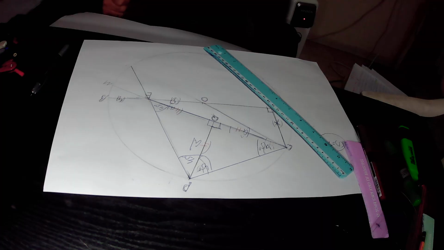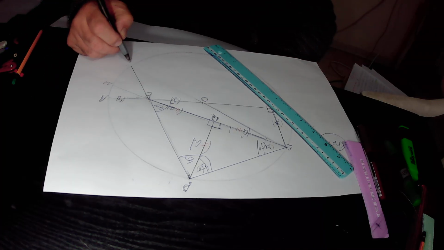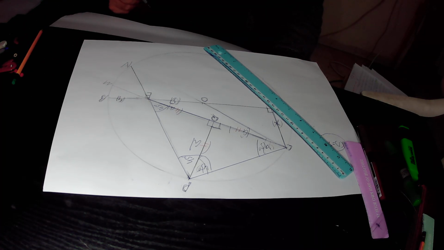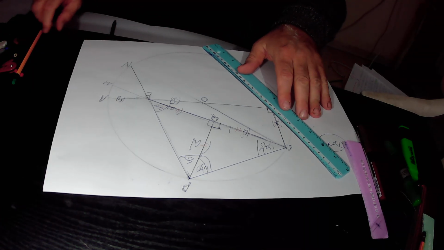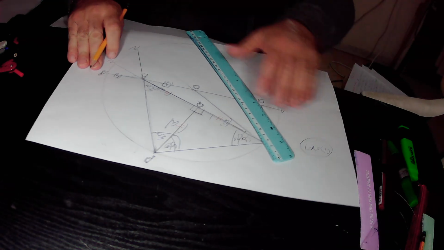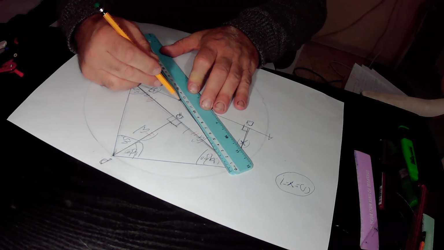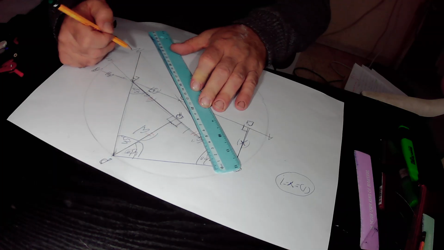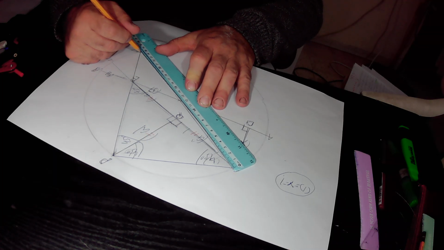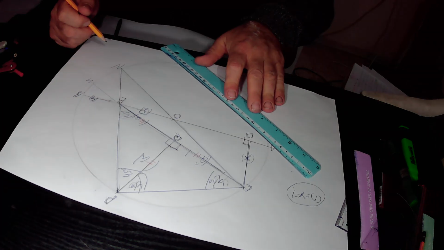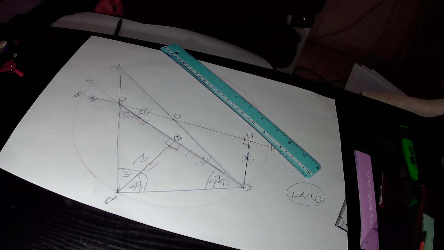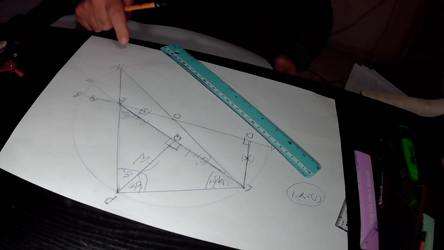This point is point N. In the next step, we will join points C and N together by a straight line, those two points. And we'll join points M and N together by a straight line.